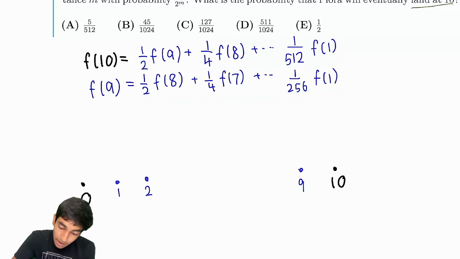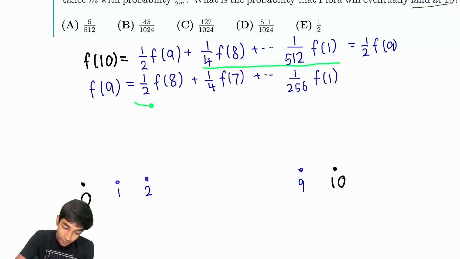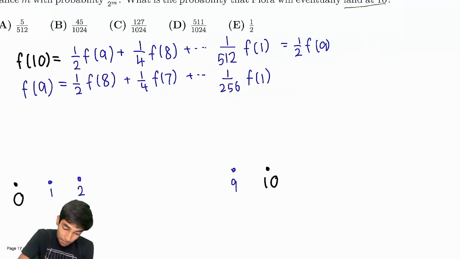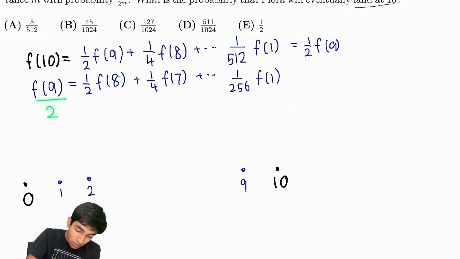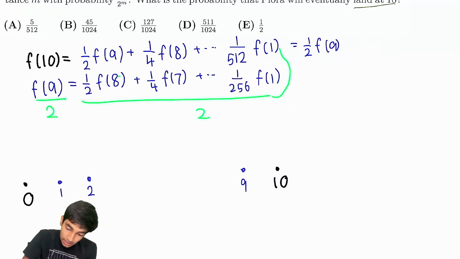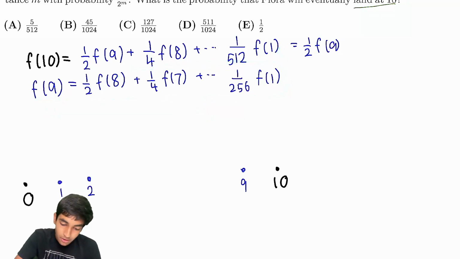So we can just rewrite this as half f of 9, but then take a look. All of this part is just half of this. So this part over here is just f of 9 divided by 2, plus half f of 9.